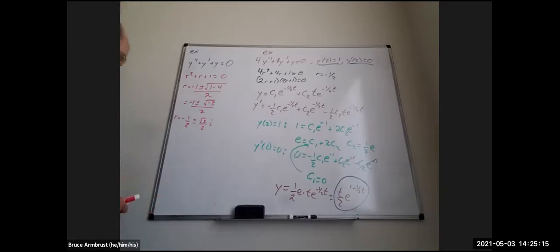All right, so what we know then is here, lambda is -1/2 and omega is √3 over 2.